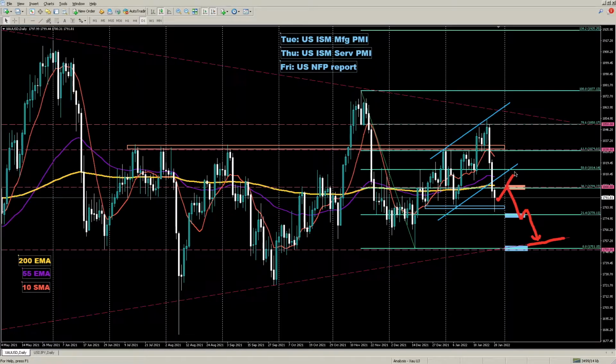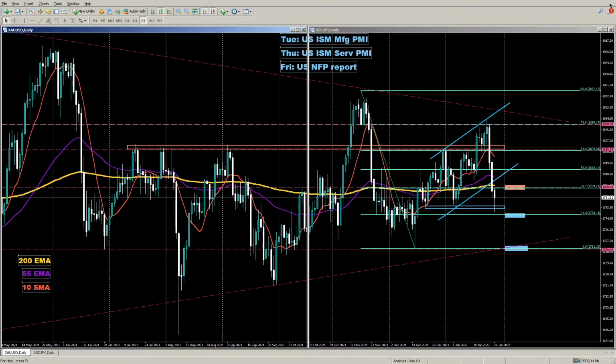If it does recover, then it could recover just to test the 50 fib and the lower channel trend line that it fell from before, possibly a further bearish move. So we'll watch out for that in negative correlation with the US dollar.